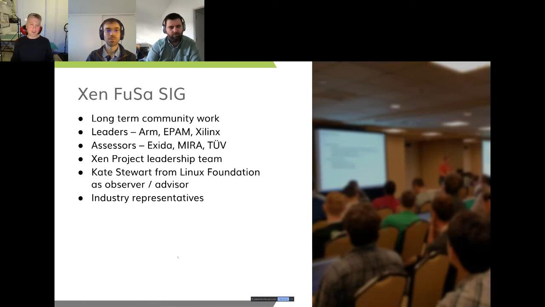We have assessors on board like me, Retuf, and Exida, and some assessors from ARM as well. The Xen project leadership team helps us, and Kate Stewart from the Linux Foundation works with us as an observer, because there are other Linux Foundation projects going on that are related to functional safety. And of course, we have some industry representatives who would like to use Xen for safety applications.